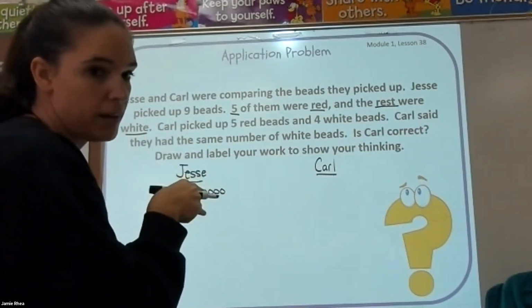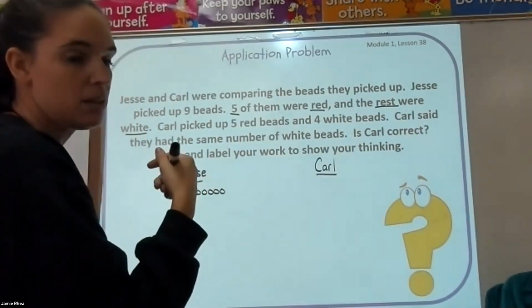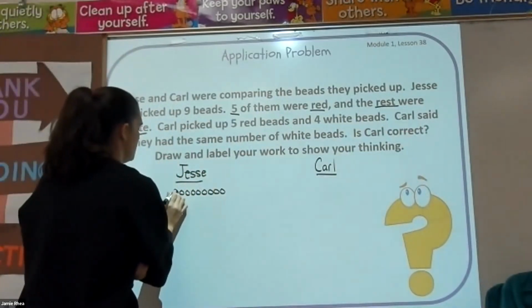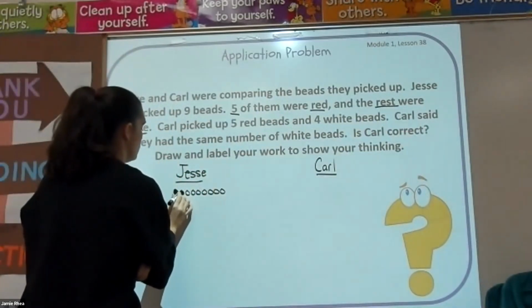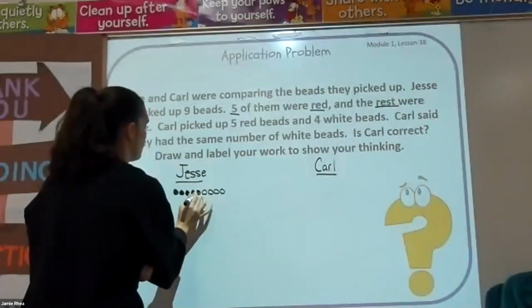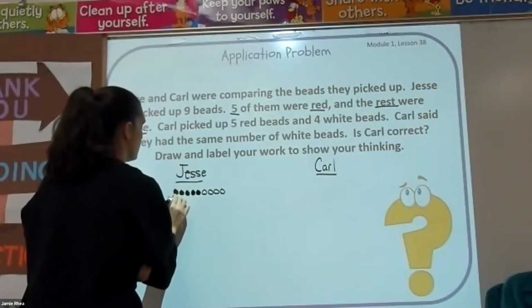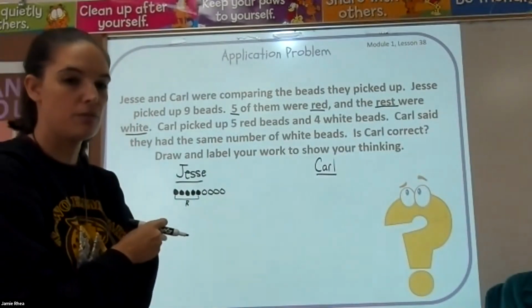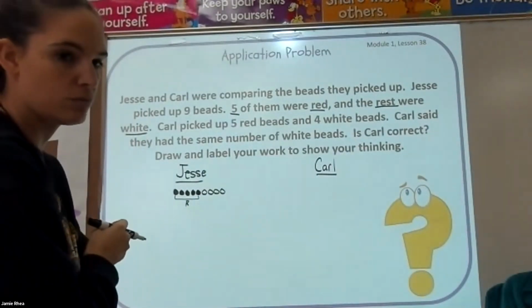I could circle 5. I'm going to color 5 in. Helps me see it better. 1, 2, 3, 4, 5. And I'm going to say that these are the red beads. I put a little R under there for red. I know that 5 of those are red.